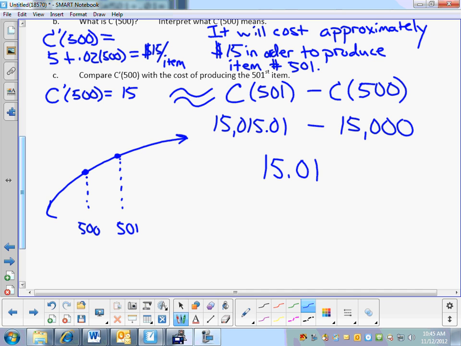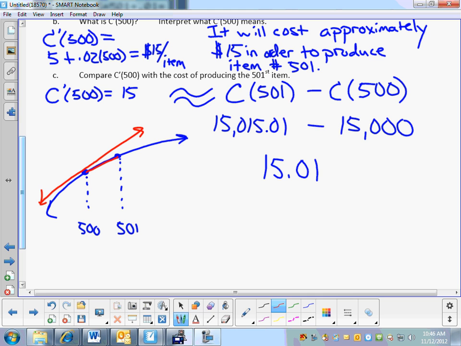That's point number 501, right? 15 represents the slope of the tangent line, right? 15.01 represents the average rate of change between these 2 points, which is just slightly different. Yes, there's a difference in slopes of the two. They're extremely close, and it's a way for us to check that our answer is within reason.